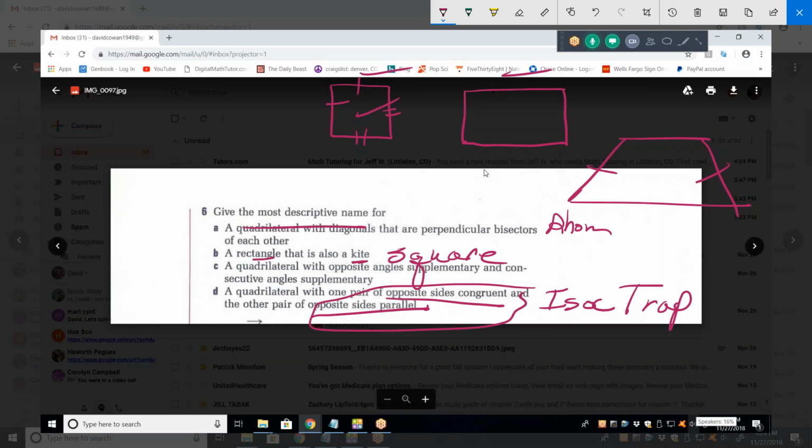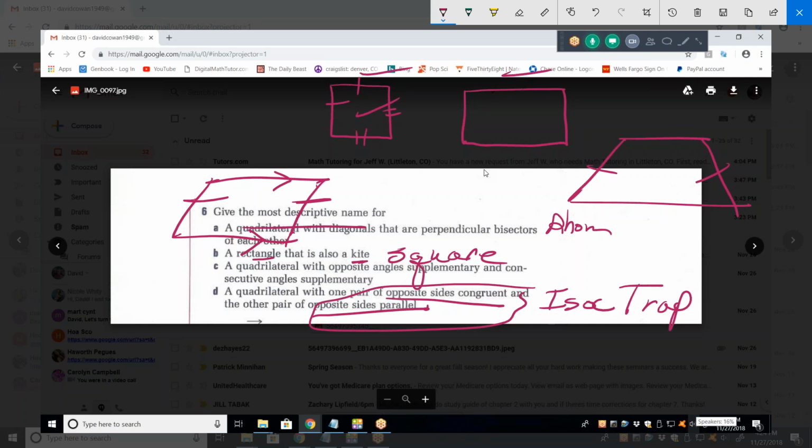But let's think about this for a second. Opposite sides are congruent and opposite sides are parallel. Well, parallelogram also fits that description, kind of. I mean, it definitely does. There's the two opposite sides that are congruent, and those are the two opposite sides that are parallel.